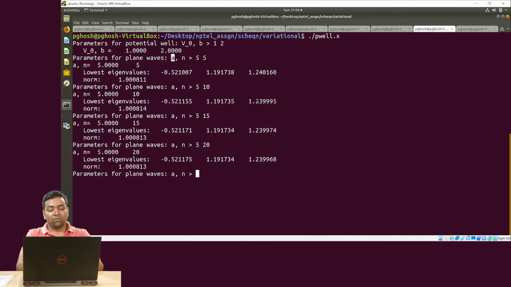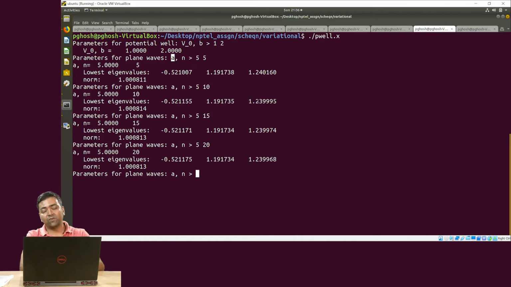What it means is that now I am not doing the calculations for a potential which is 0 everywhere except between minus b by 2 to plus b by 2. Instead, I am doing calculations for a potential which has a non-zero value from minus b by 2 to plus b by 2, and then again a non-zero value from minus b by 2 plus a to plus b by 2 plus a.